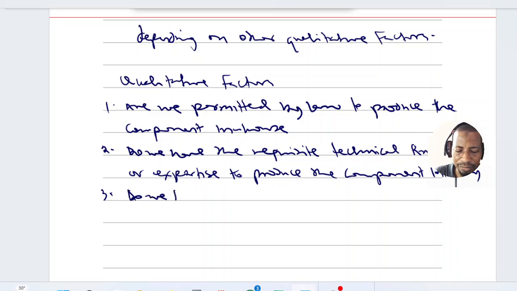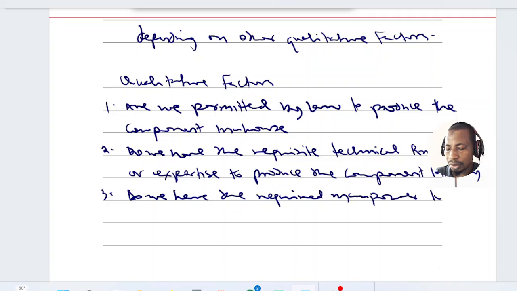Do we have the required manpower to produce the component in-house?